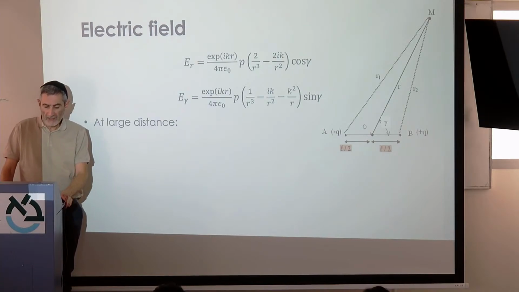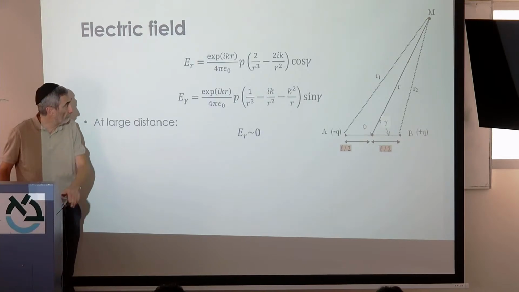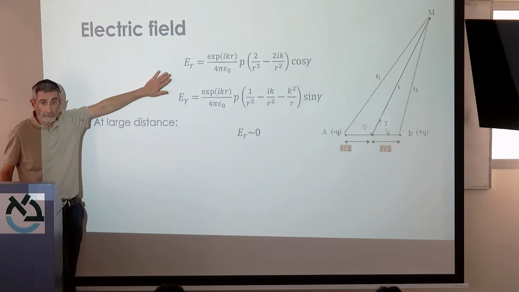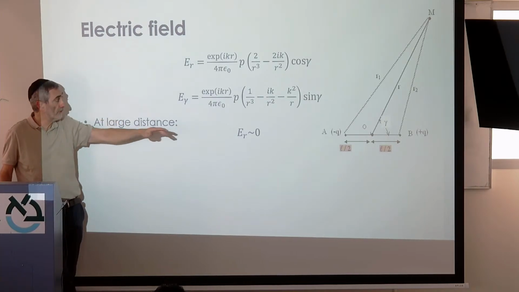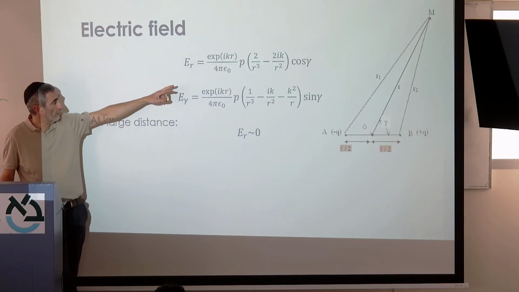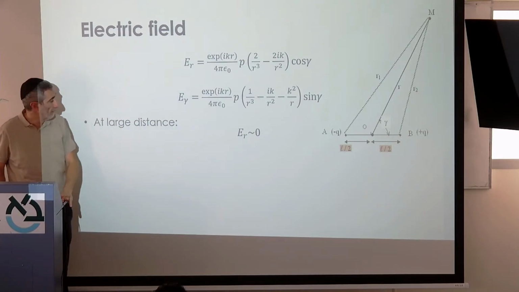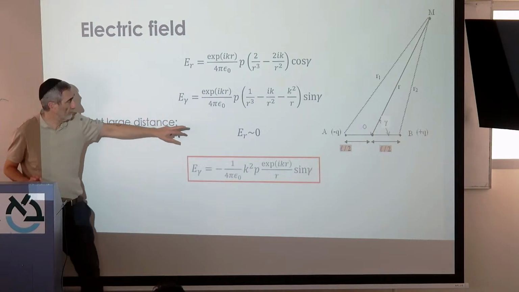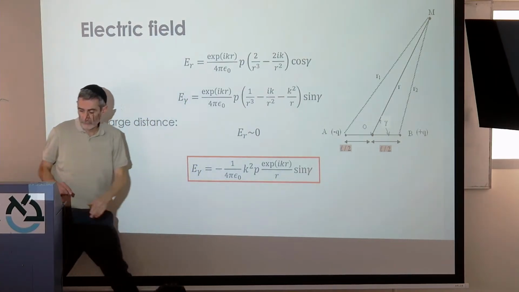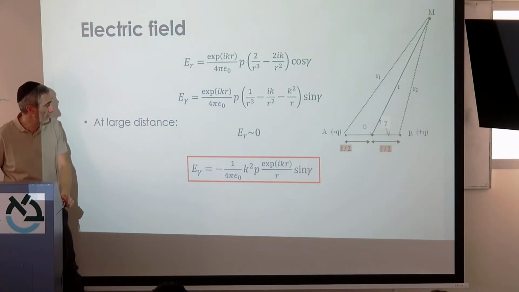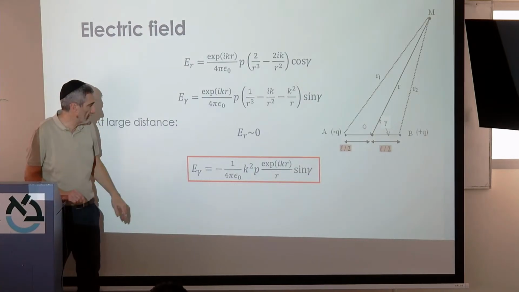If you are at large distance, the component in the direction of R, E of R, will be 0 because you are either in R squared or R to the power of 3. And the E gamma component will dominate, which gives you this expression here in the far field.